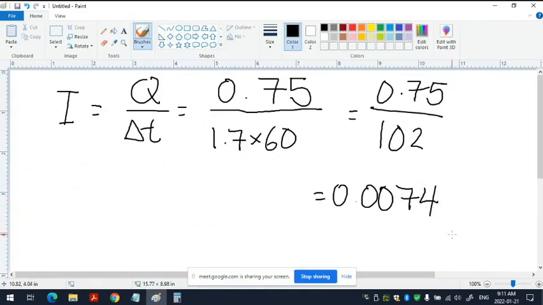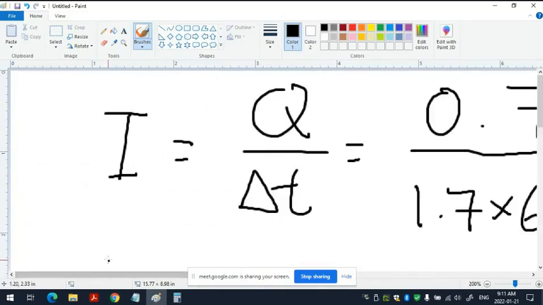In what unit? Amps, because the I is the amperage. Yes, absolutely. It's the current. Current or amperage, either way you say it, I'm okay with that. Okay, next.